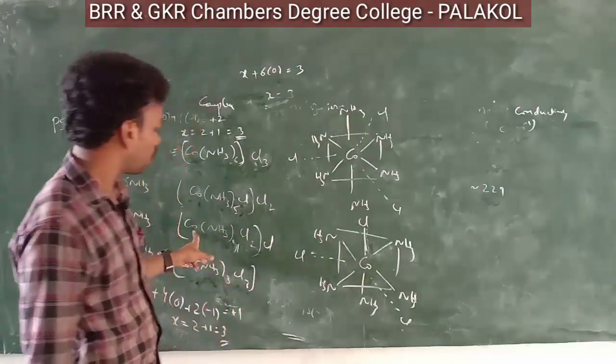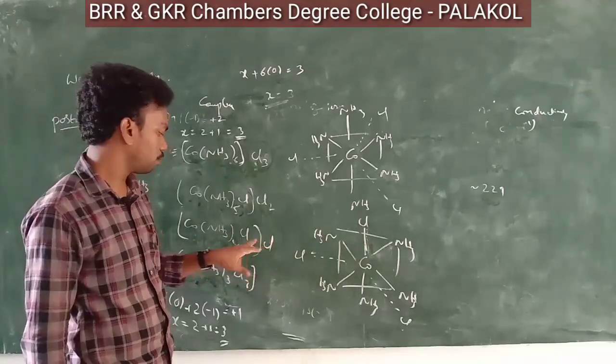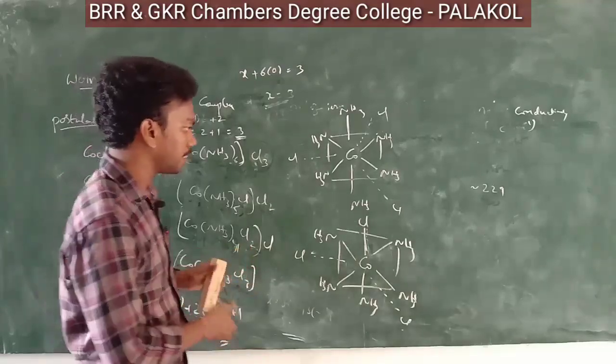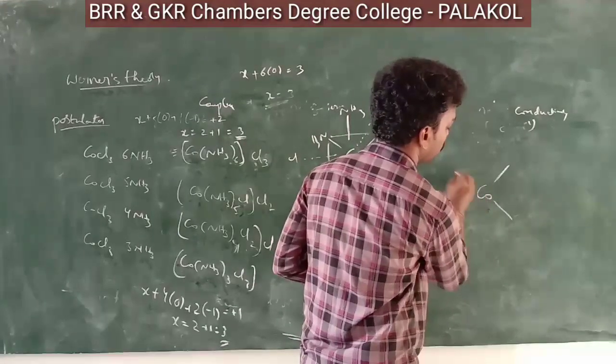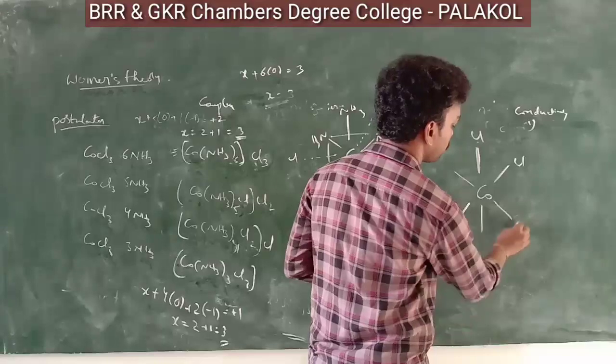Okay. Similarly, in this complex, two chlorides are satisfying both primary valency and secondary valency. If you write the structure of this complex, Co, coordination number is 6, Cl, NH3.